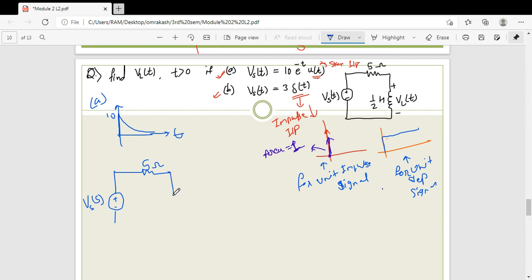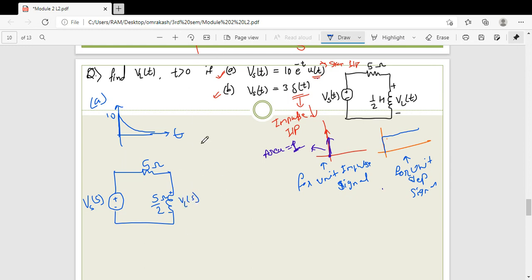And what is the value of inductance? Sorry, inductance directly becomes SL, right? And capacitor becomes 1 by Cs. So SL is nothing but here S by 2 in ohm. And this VL is VL of S.